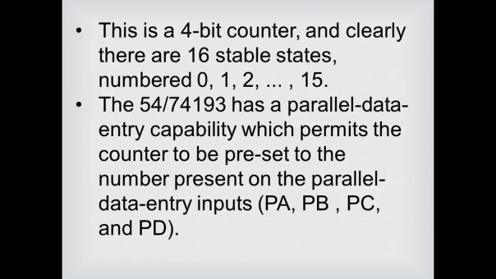Once it starts working again in count up mode, it will advance from the state number 5 to the state number 6, 7 etc. So this counter can be preset to any state by applying the data inputs PA, PB, PC, PD and activating the parallel data inputs. That's why it is known as a presetable counter.